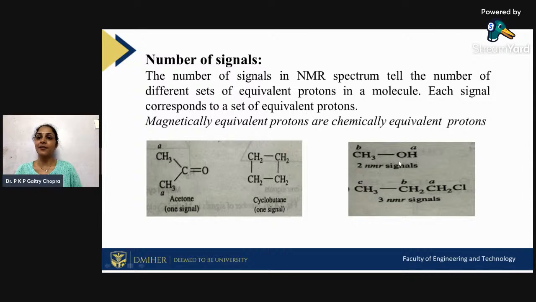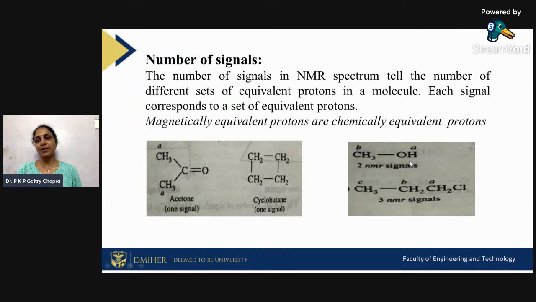Whereas the proton marked as A is directly attached to an electronegative atom, which is oxygen. Here, the three protons are directly attached to carbon. Here, the proton is attached to an electronegative atom, that is oxygen. So they have a different chemical environment and hence a different magnetic environment. And so we will get two different signals. One signal will be for the three protons of CH3 and the other signal will be for the one single proton of OH.